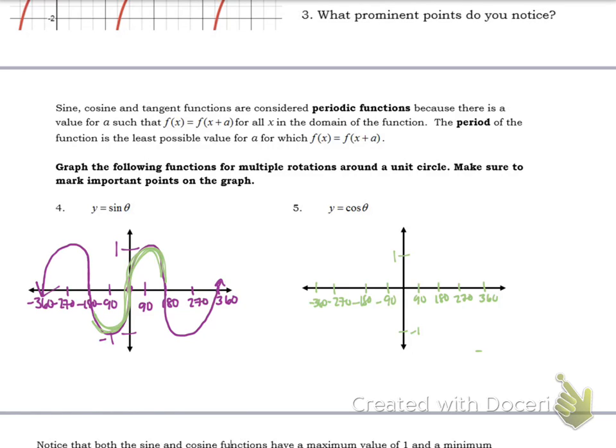Okay, this one starts at the top. So starting at the top, we hit our first one, skip, and it goes forever that way. Okay, we always hit the negative 90, skip the next one, and it goes forever this direction. Okay, if we're applying a negative to it, it's going to be the flip of it. So it would start at the bottom at negative 1 and be just the mirror image of it.